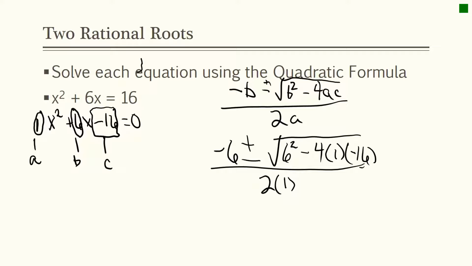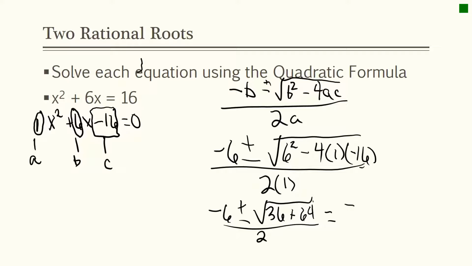Let's do some plugging and chugging here. We've got negative 6 plus or minus the square root of 36 minus 4 times 1, that's negative 4. Negative 4 times negative 16 gives positive 64, over 2 times 1, which is just 2.